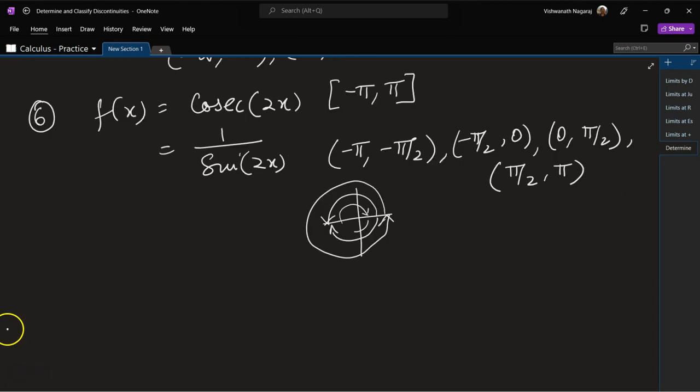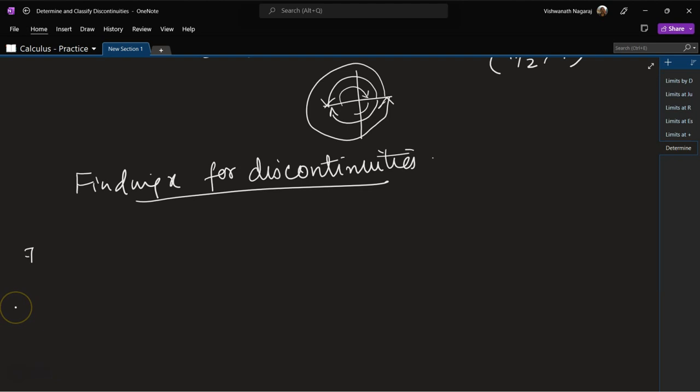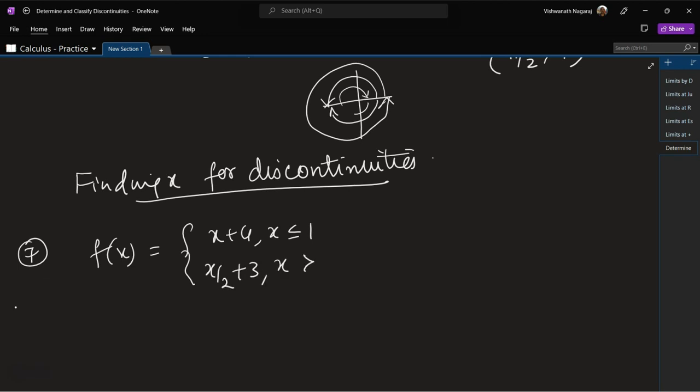Now let's look at finding x for discontinuities. Okay. So seventh one, f of x is equal to x plus 4 when x is less than or equal to 1, and x by 2 plus 3 when x is greater than 1.